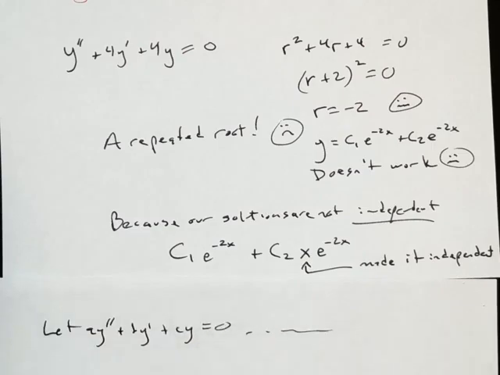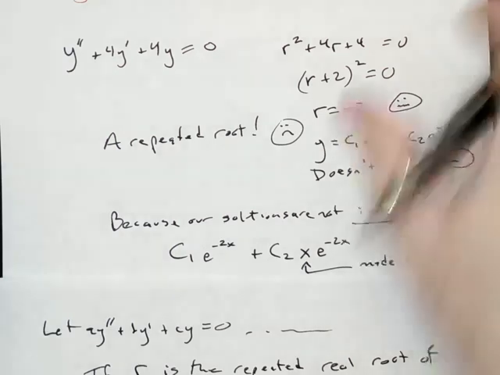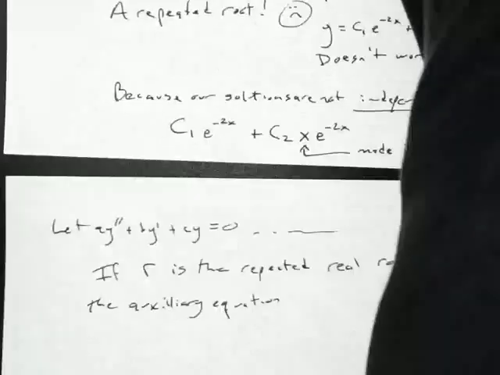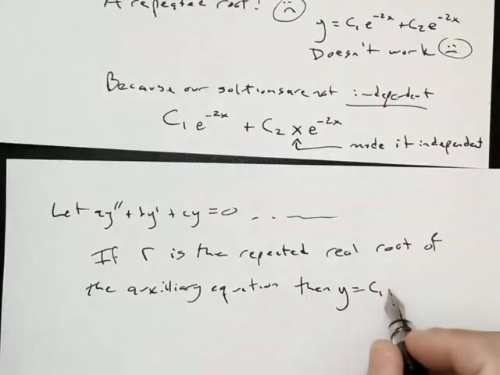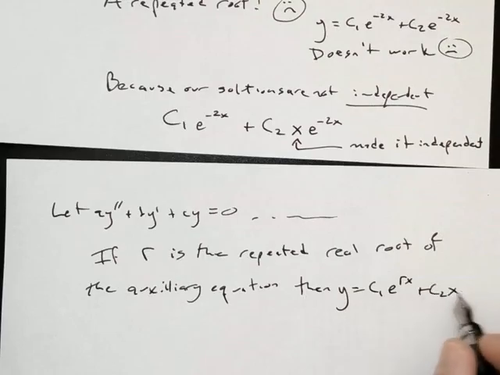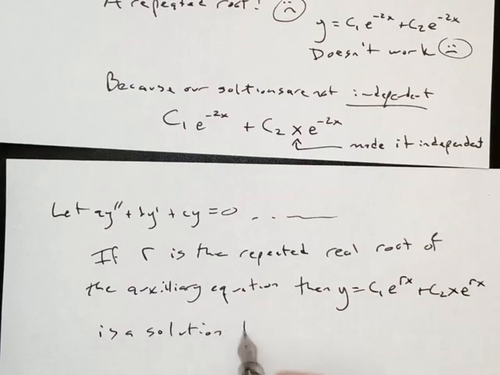If r is the repeated real root of the auxiliary equation, then y equals C1 e to the rx plus C2 x e to the rx is a solution to the differential equation.